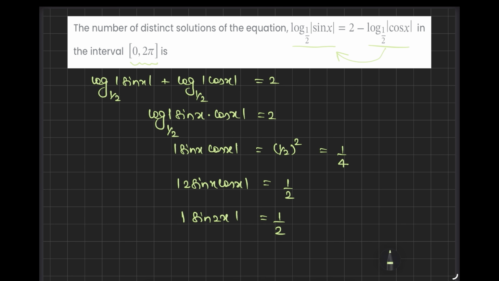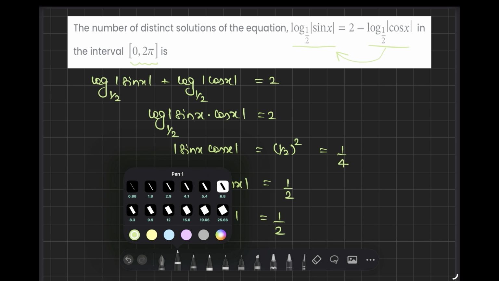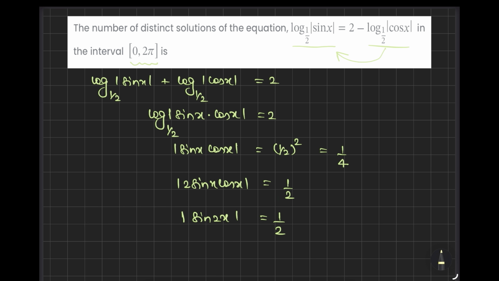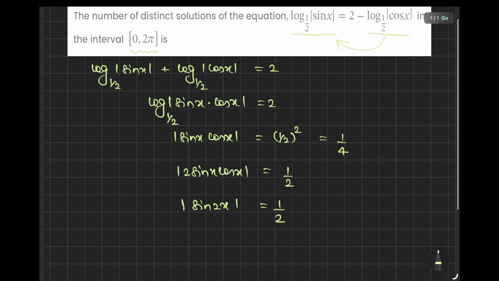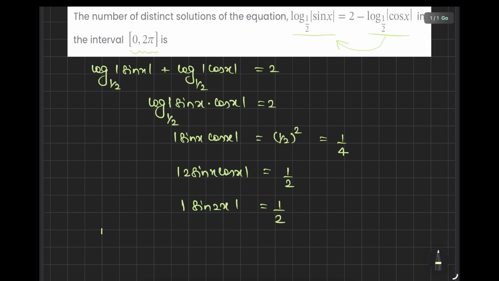Now what we will do, we will draw a graph because we are interested in finding the number of solutions, not the solutions. Okay. So first we will draw a graph of sin 2x. To draw it, first I will draw a graph of sin x.